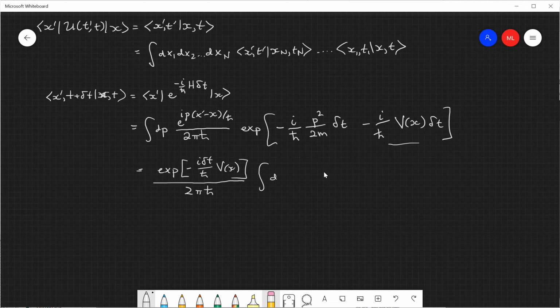And then you have this integration, which looks like a Gaussian. And as usual, it's convenient to write it in such a way where you can obviously complete the square to do it. So you have a linear term in p here, this term here, and then you have the quadratic. So it's like an imaginary Gaussian.